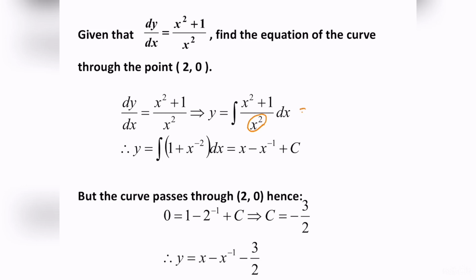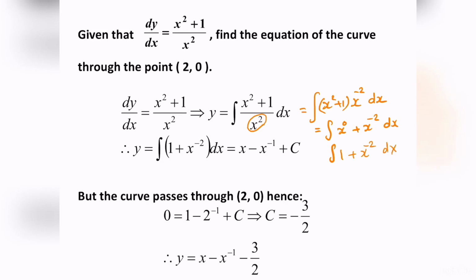So basically x squared plus 1 times x to the power minus 2 dx, and this is x to the power minus 2 times x to the power 2 is x to the power 0, which means 1, plus x to the power minus 2 dx. So x to the power 0 is 1 plus x to the power minus 2 dx.